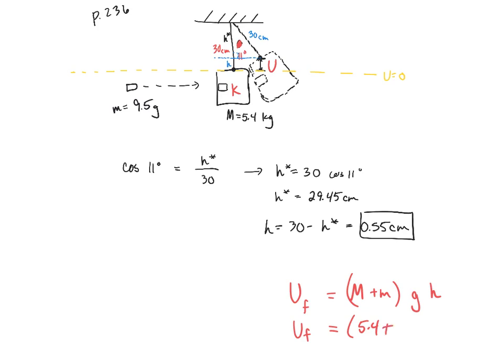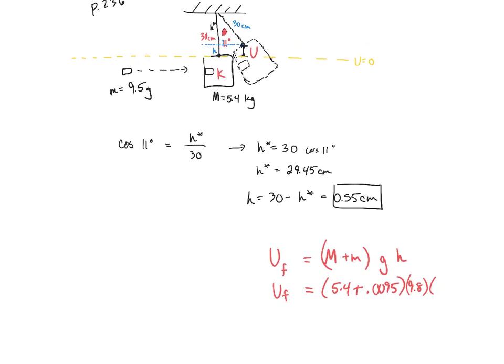Make sure to convert that. 0.0095 times 9.8. And my height is in centimeters. We've got to convert that also. What is that going to be? Two more zeros? 0.0055. Yeah, it's 0.29. We get 0.29 as a number? Yeah, 0.2915.